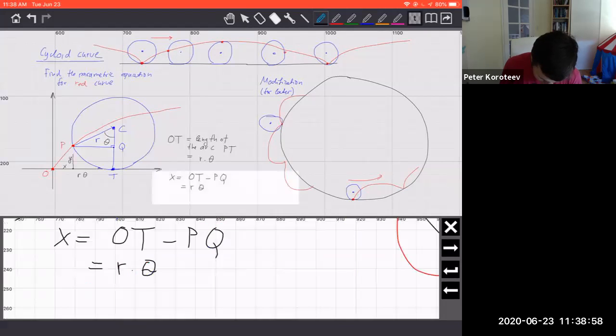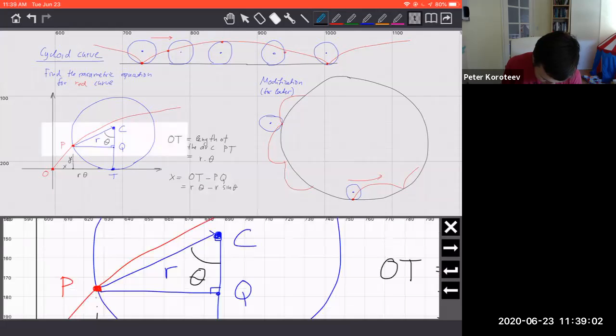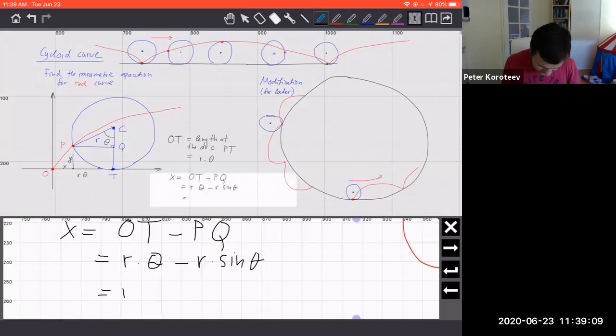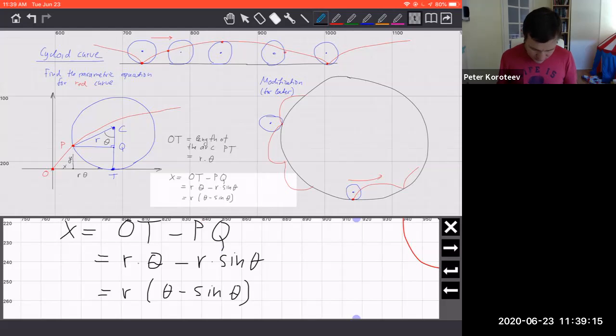So R minus R times sine theta, right? In this right triangle, it's the opposite side. We can take R outside of the parentheses, so you get R times theta minus sine theta, so that's x, right?